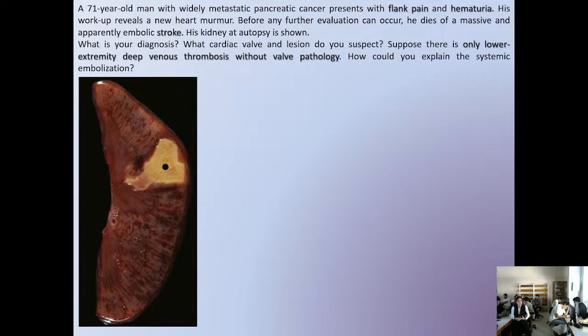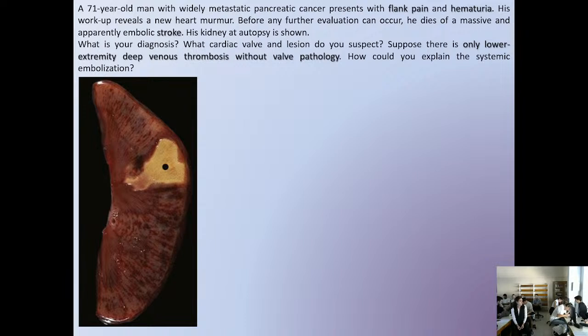What has happened? An embolus blocked, occluded a part of the renal artery, so the part of the kidney parenchyma which was taking blood from this artery had coagulative necrosis.